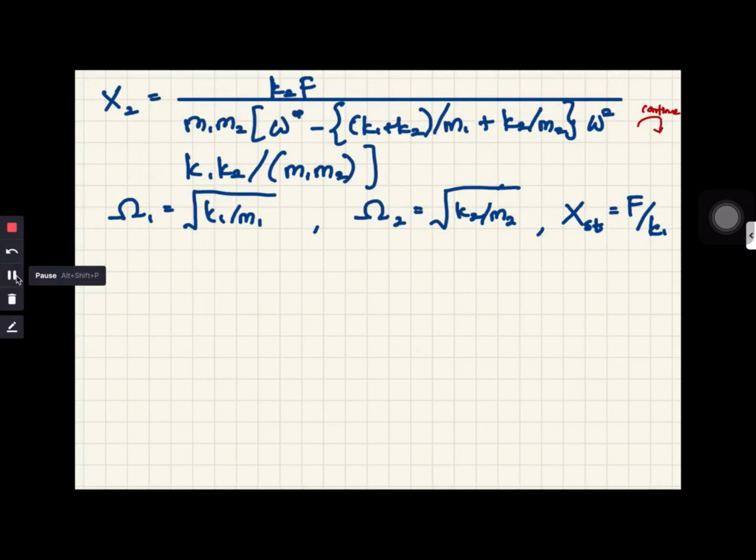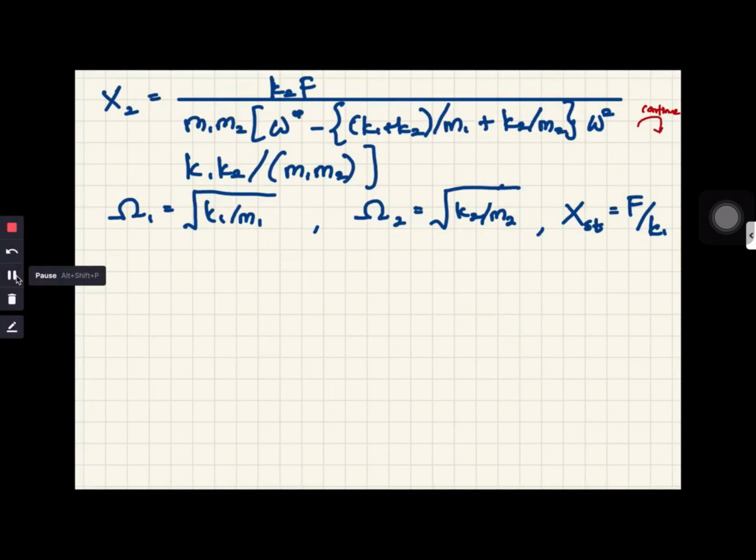So we put the terms that we assume here into the equations for X1 and X2.